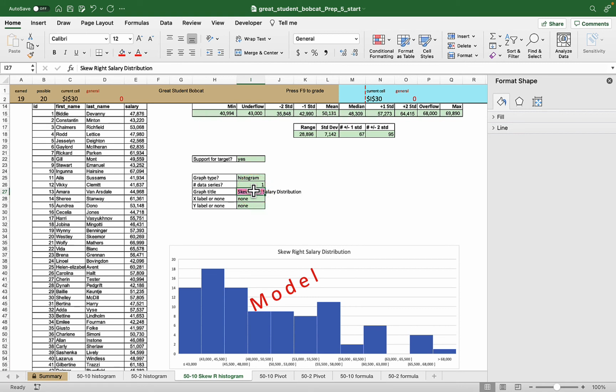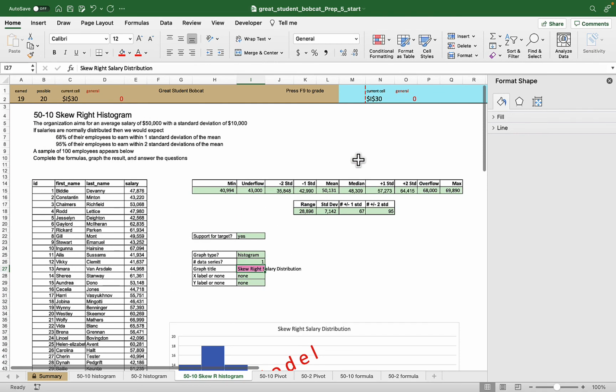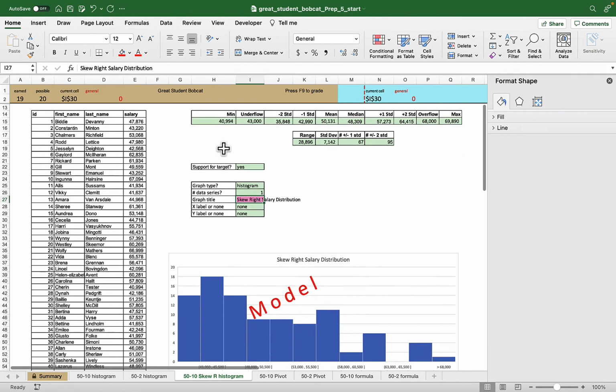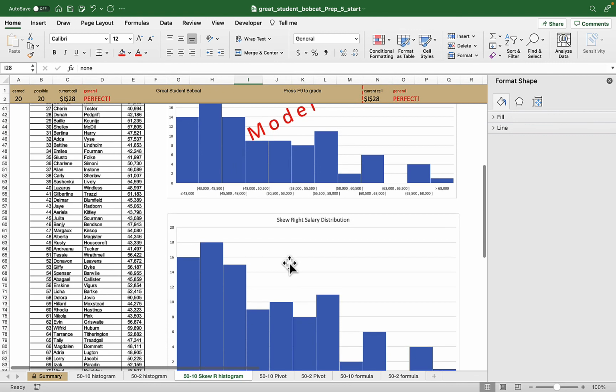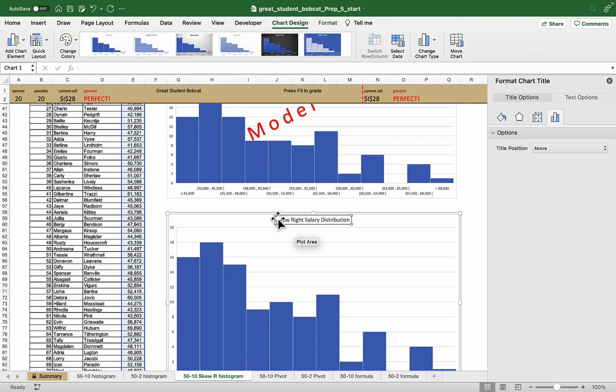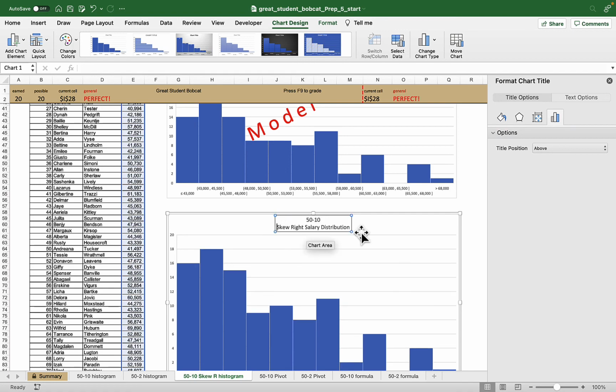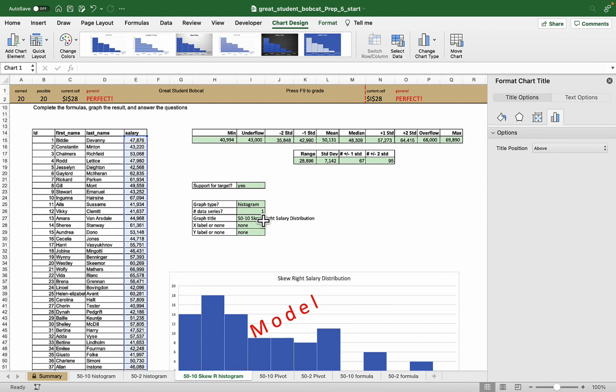Sorry, I'm running into trouble on the graph title. I think this was supposed to be 50-10 skew right salary distribution. Aha. Okay, so what's on the model is wrong, and what we should have here is the 50-10. So, my bad. 50-10 skew right salary distribution, and that's what you should have here too.